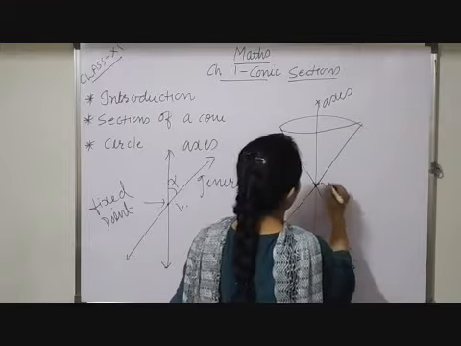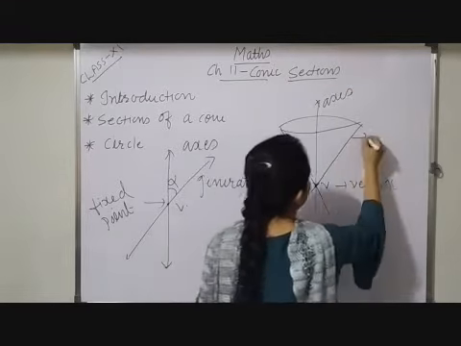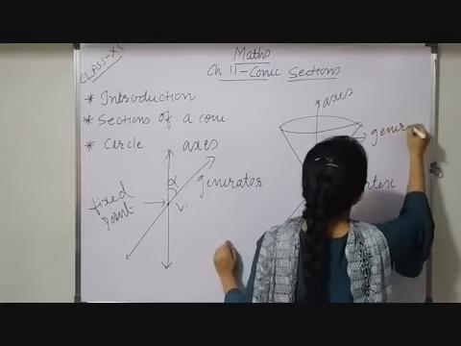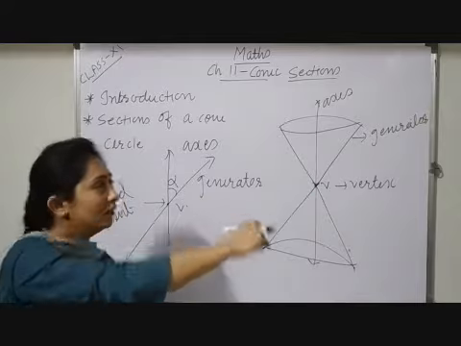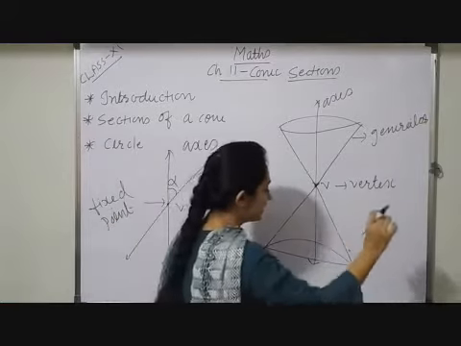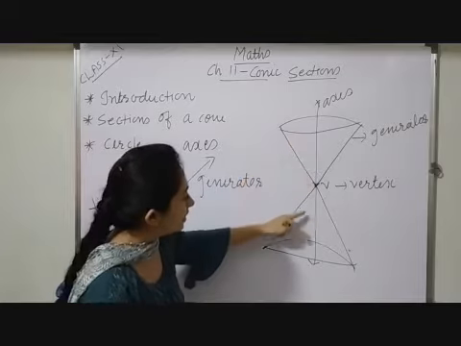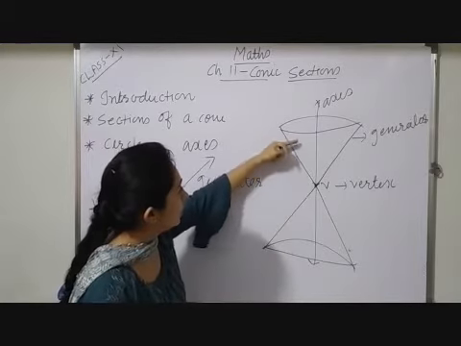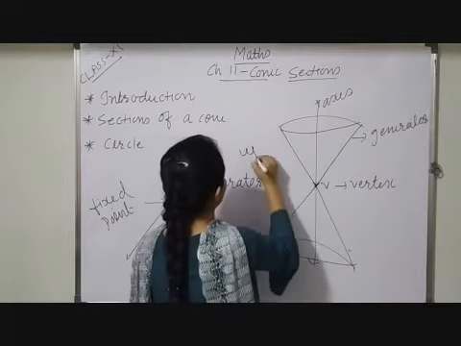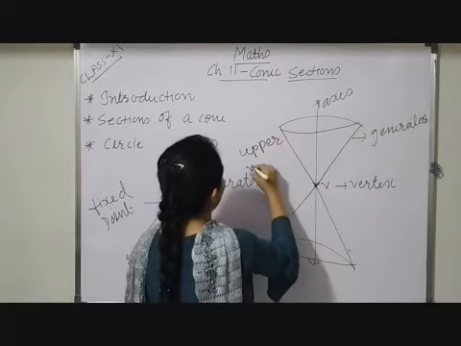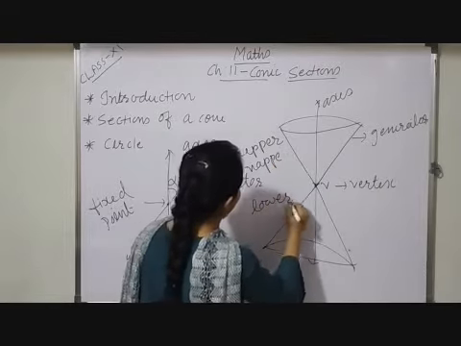This is a fixed point V, let me name it the vertex. This one is my generator. While I rotate it with a fixed constant angle, a cone is generated: this is the upper nappe, and this one is the lower nappe.